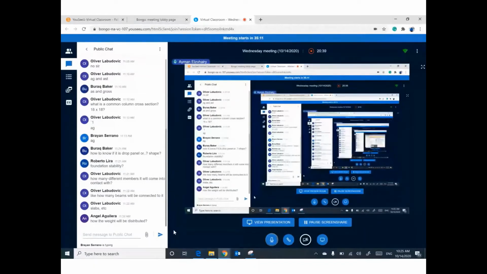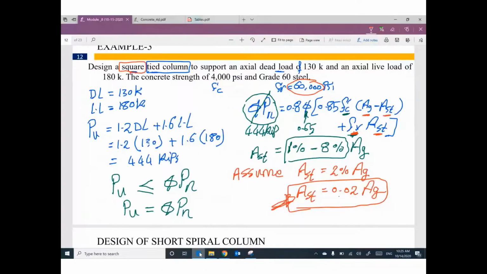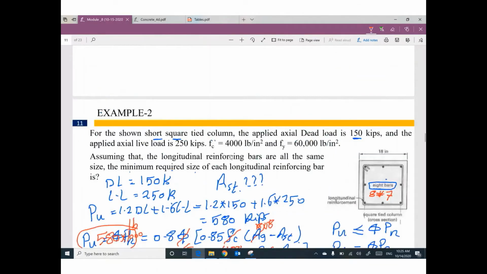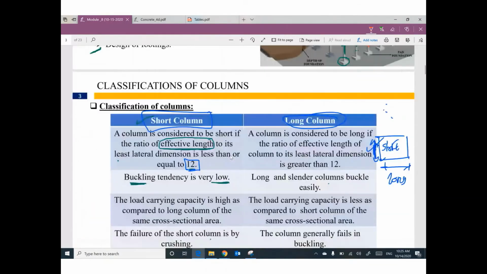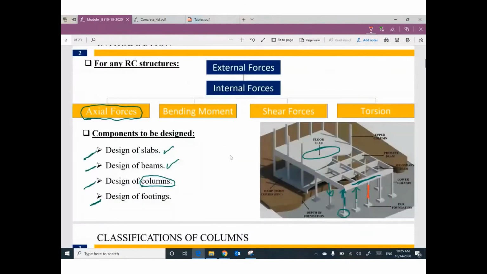Oliver is trying to explain what you said. If I know how much dead load and how much live load on this column only. Guys, can you tell me what is the reaction on this column?